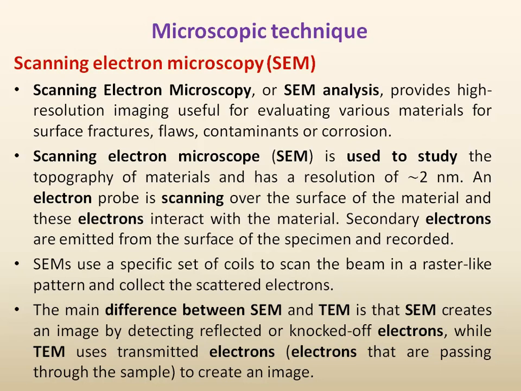In SEM, the electron is not penetrated, it gives the surface morphology, it gets reflected, and in TEM it gets penetrated. TEM is used for imaging purposes only, and SEM gives the structure, any flaws or any corrosion or any contaminants over those particles.